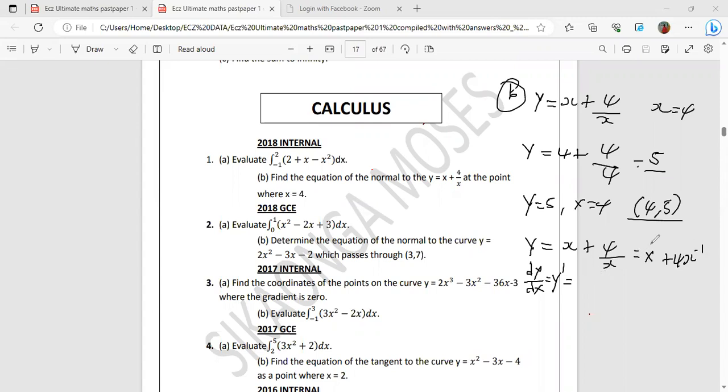Now to differentiate this, we get 1 minus, this will multiply with that to give us negative 4x to the power negative 2.